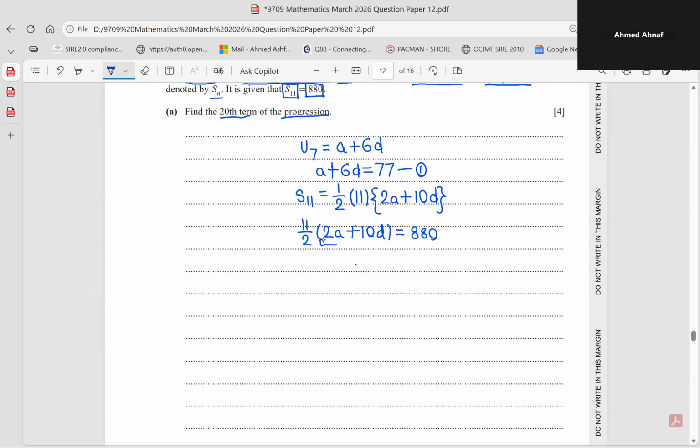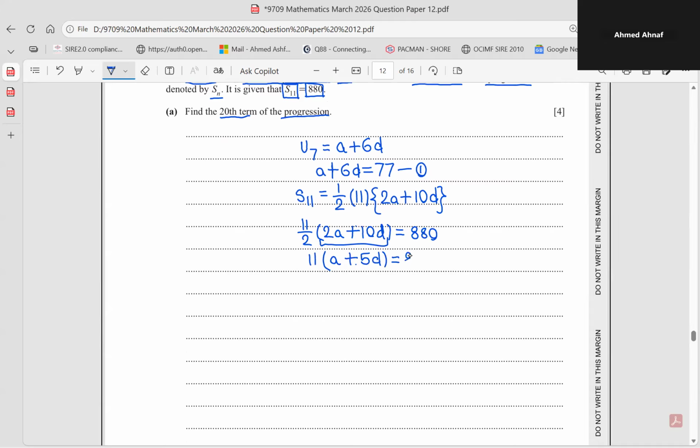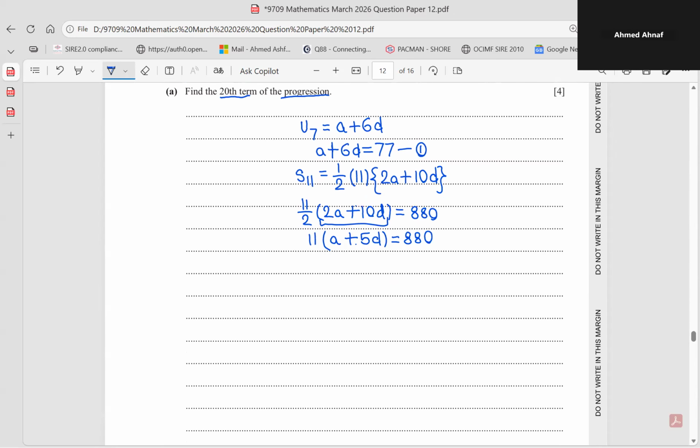Okay, so we can factor out 2 from this bracket. This gives us 11 times (a plus 5d) equals 880. And since we have 11 on both sides, we can divide both sides of the equation by 11 to get a plus 5d equals 80. So this is our equation 2.